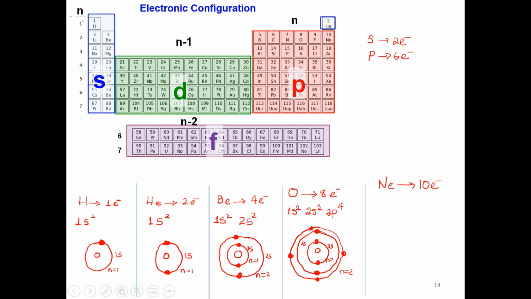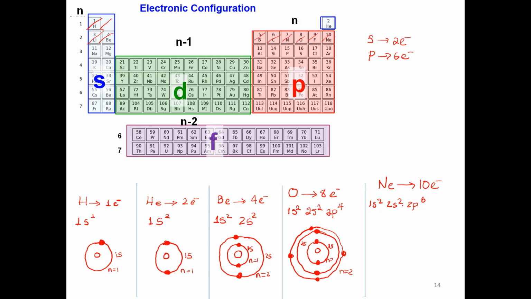And always we will start from the innermost shell, which is 1s, in this case 1s2. As these two are completed, then 2s2 also is completed, and then 2p, 1, 2, 3, 4, 5, 6.